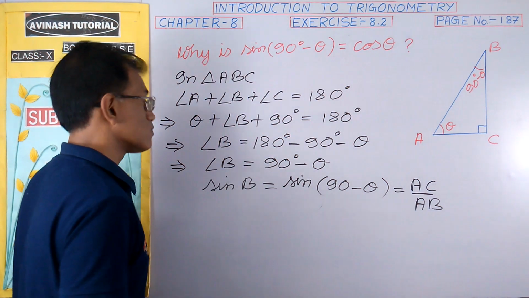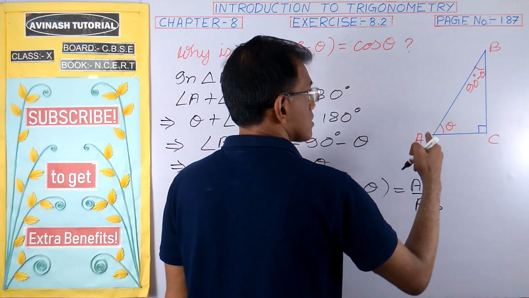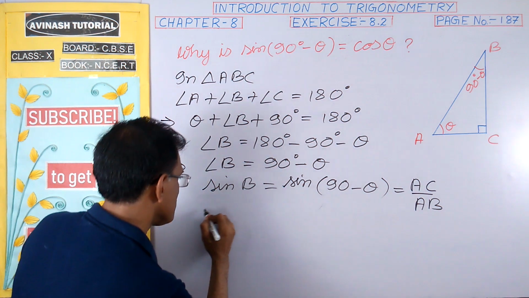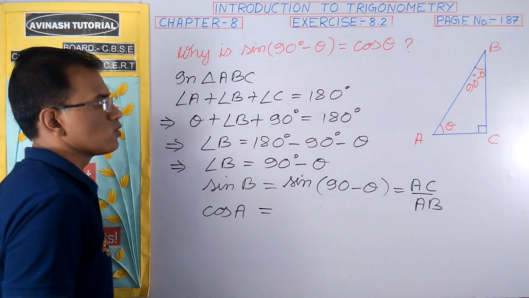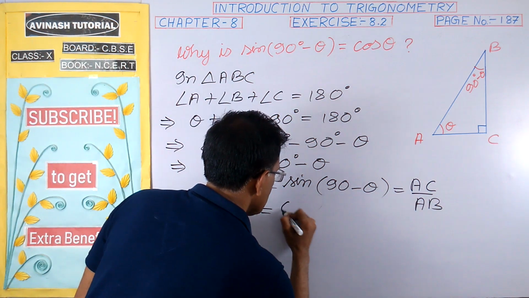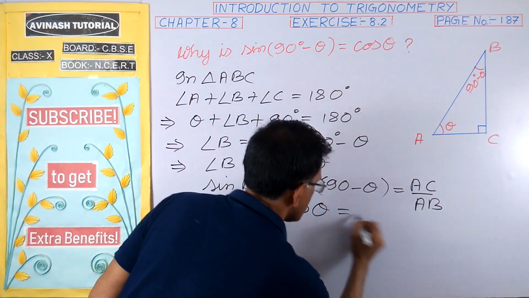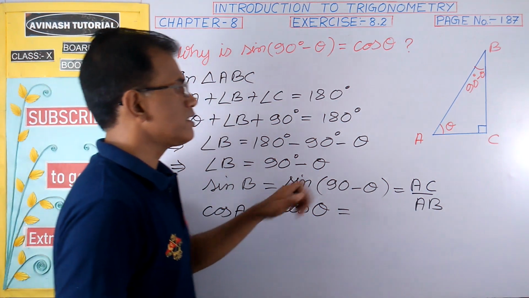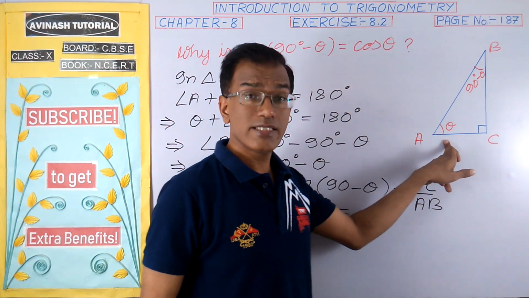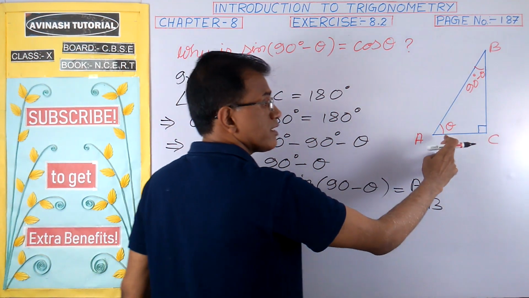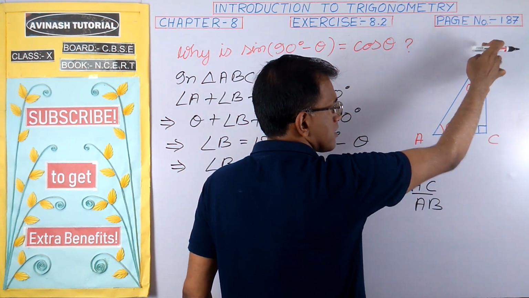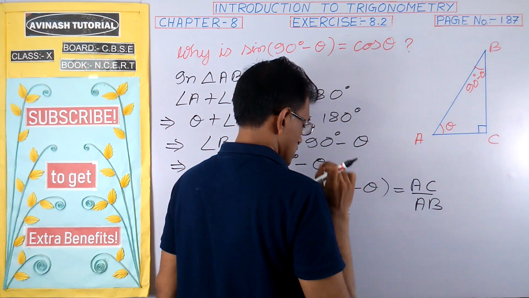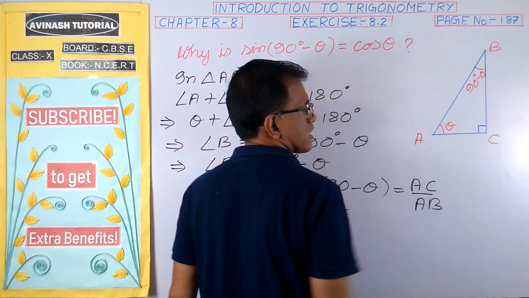Okay. Now, let us see what about cos A. Cos A is equal to cos theta. This is equal to, since theta is over here, this will be the perpendicular, and as we know, cos theta is base by hypotenuse.